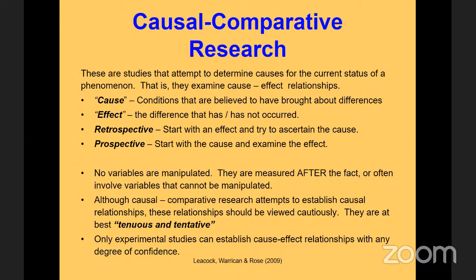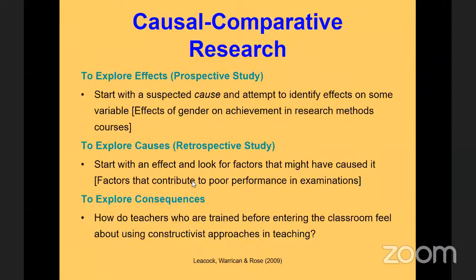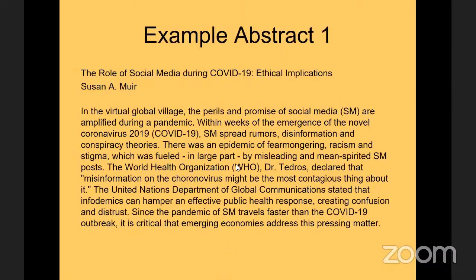It's not an experimental study, it's a longitudinal study where you try to look for causal relationships using statistics. But because it's not an experiment, the relationships are tentative, because you're not actually manipulating the variables. You can do it going back with data that's been stored or going forward.